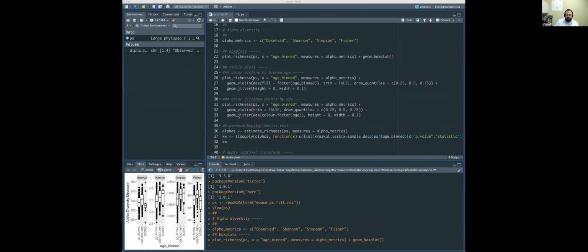And so just by quickly visually taking a look at the data sets, you can see for Shannon, for example, the young mice have a different mean than the middle-aged and the old mice. All of the boxes are overlapping. For observed, the older mice might be significant, but again, that's just visual exploration. So I'll close that for now.